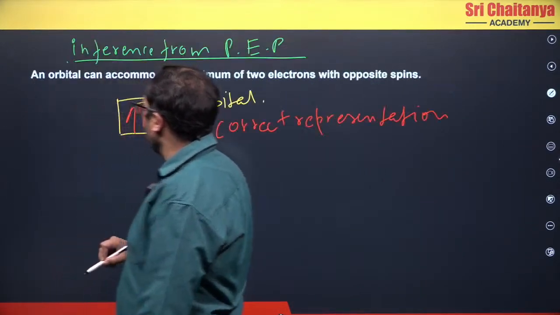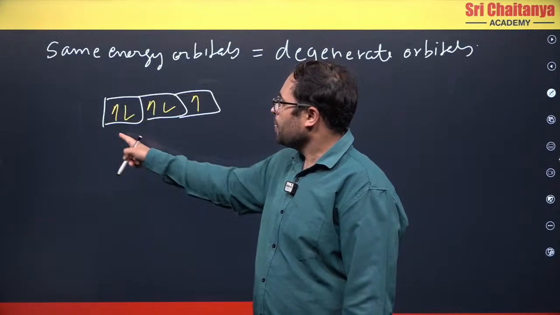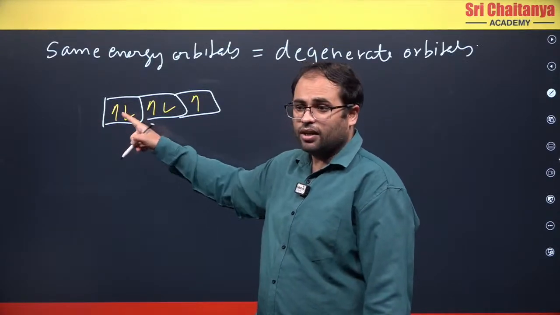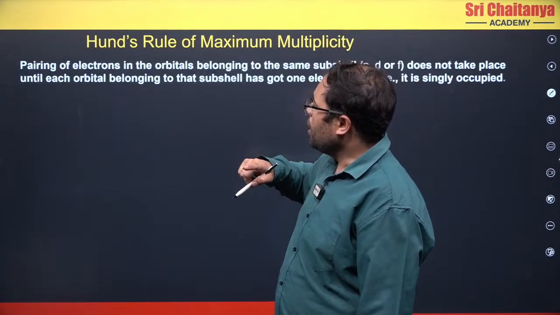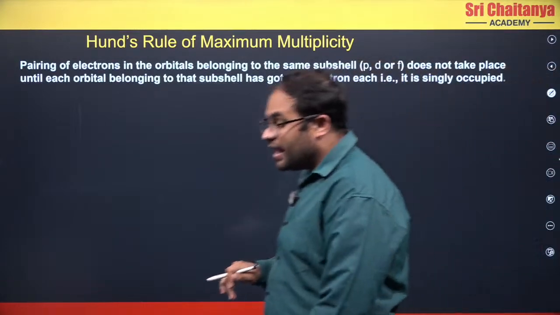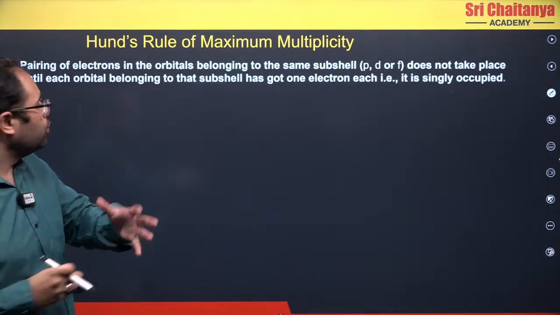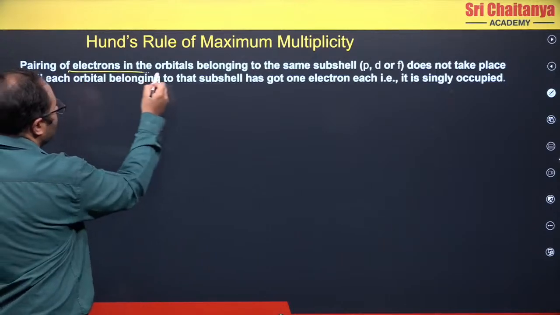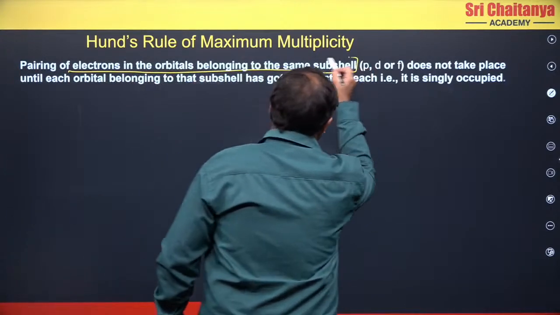Pairing. Pairing means what? Pairing means this. This is pairing, right? So now this explanation will be understandable. Pairing of electrons in the orbitals belonging to the same subshell, right?